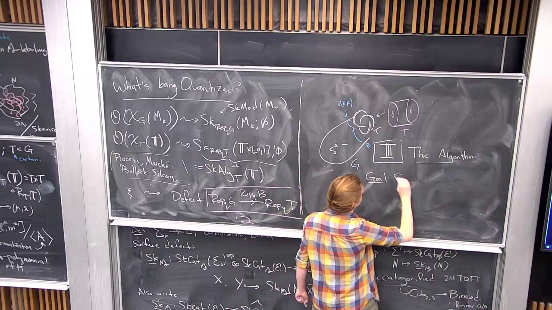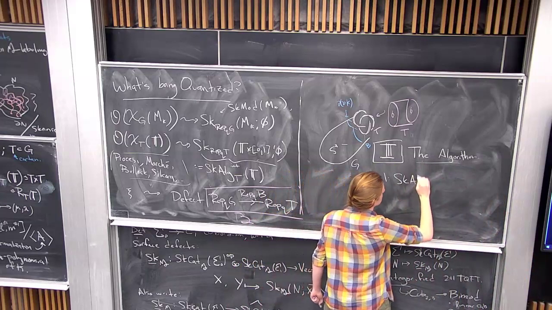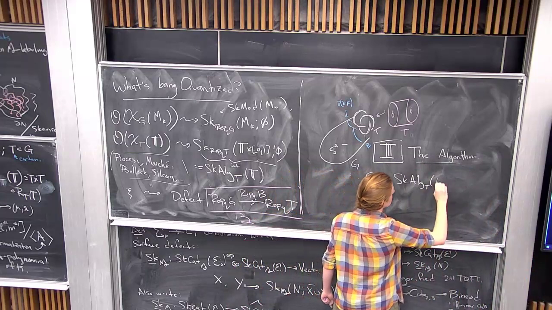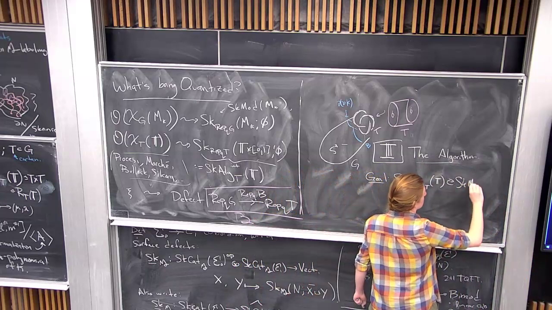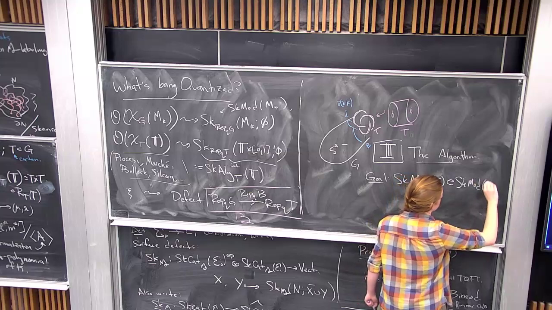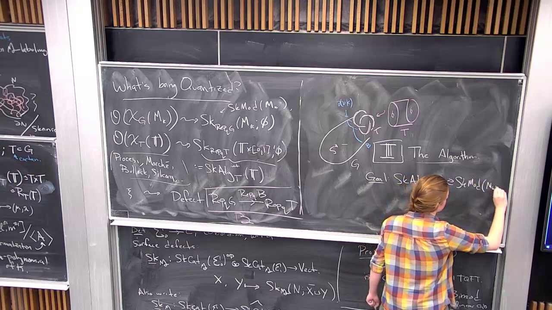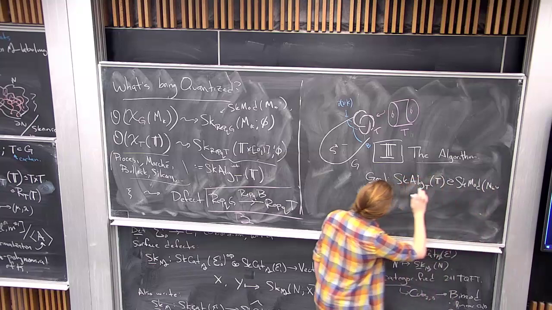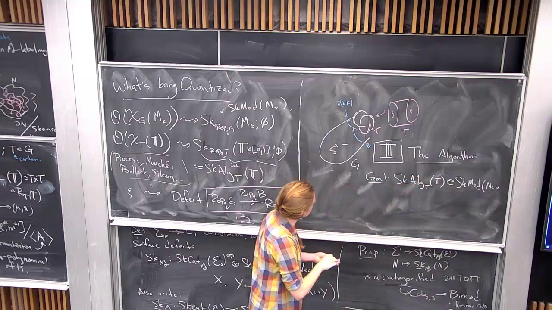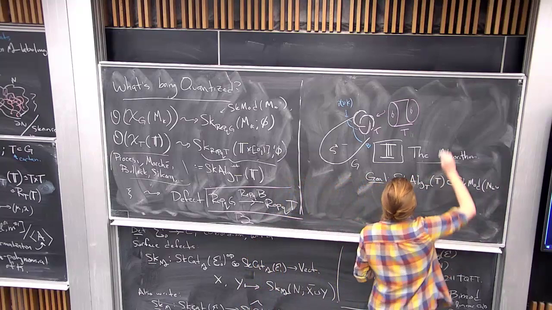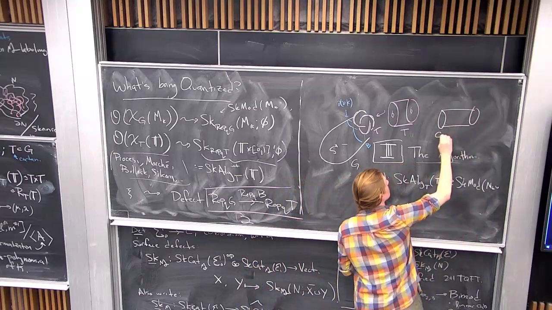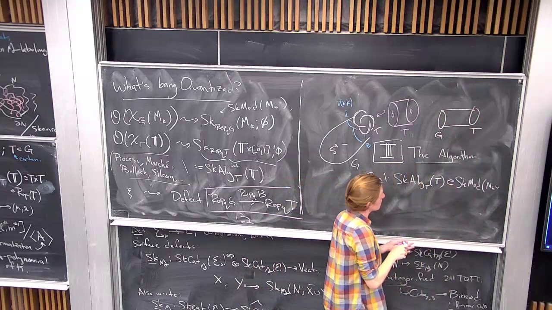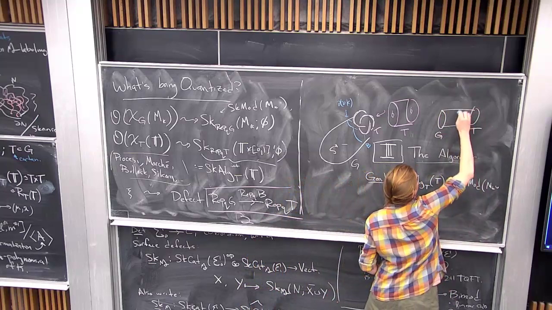I have this skein algebra with coefficients in T of the torus acting on the skein module of this M_K.